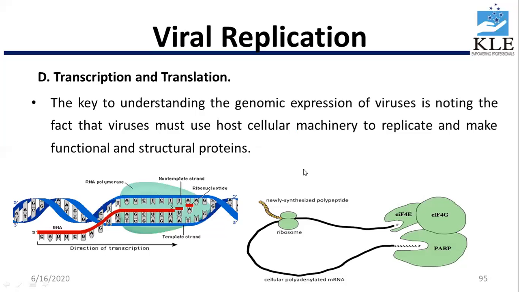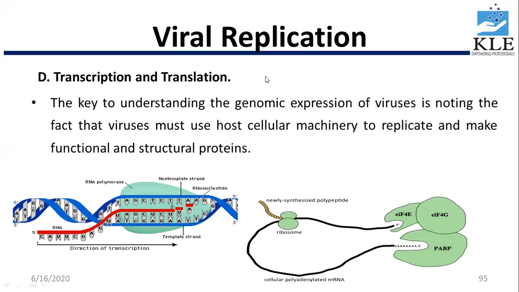It synthesizes a complementary copy, which is called the messenger RNA. This messenger RNA takes up the message of which protein has to be synthesized, comes out into the cytoplasm, and with the help of the ribosomal RNA and the transfer RNA, it goes on adding the amino acids and synthesizes the protein.